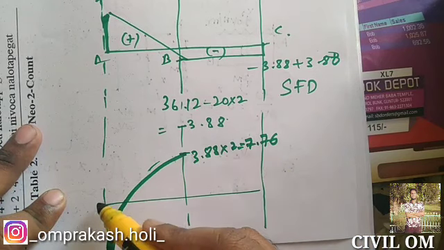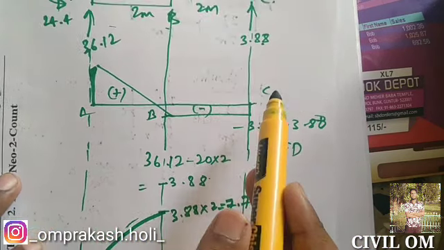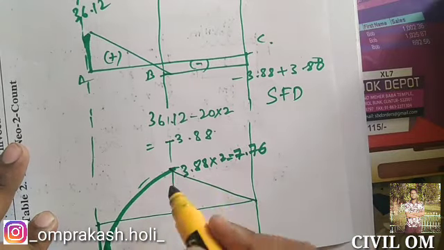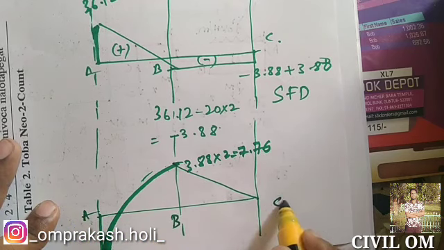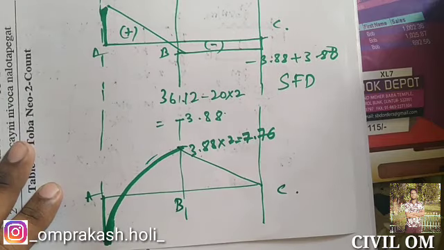This is the distance we have, and at point C we have 0. Let's join the point at C. The moment at point C is 0. Calculate manually, you will get it. So A, B, C. This is the BMD.